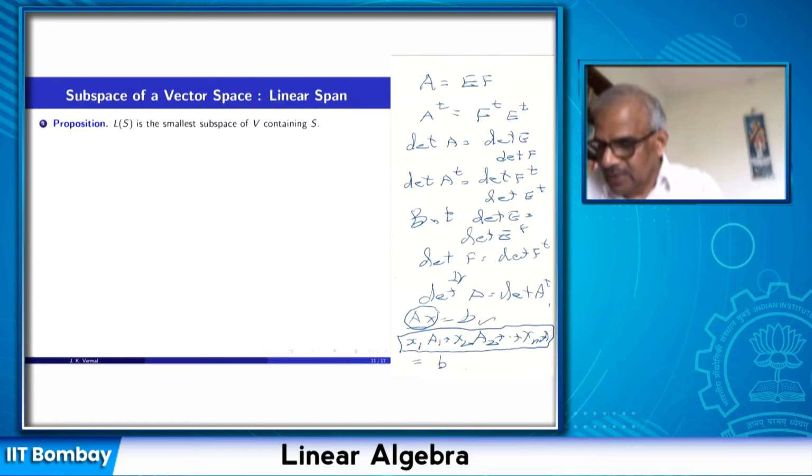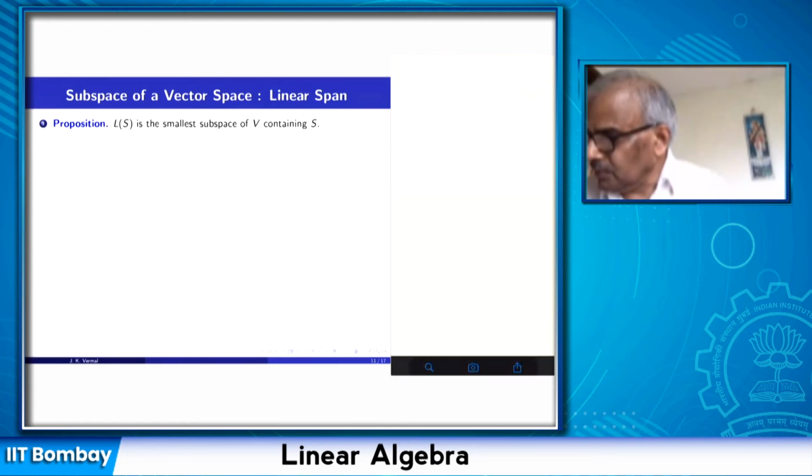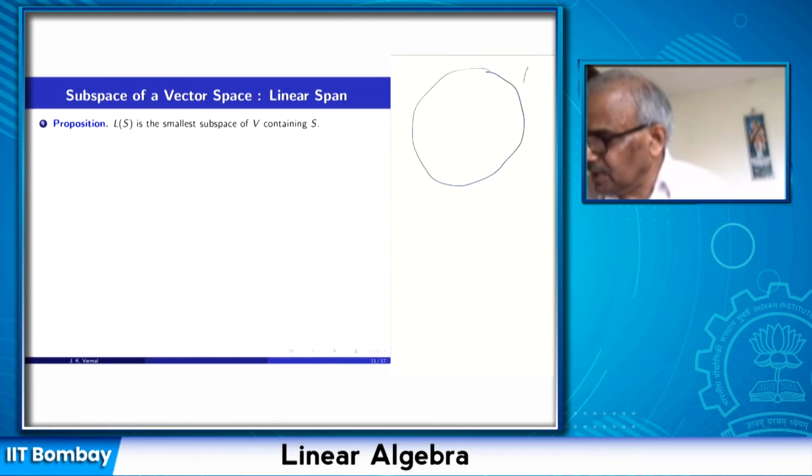Okay, so let us see that L(S) is the smallest subspace of V containing S. Inside V, so V is a big space, it can be Rn or a space of functions. Inside V, I take a finite set or some subset, and I generate all possible linear combinations.